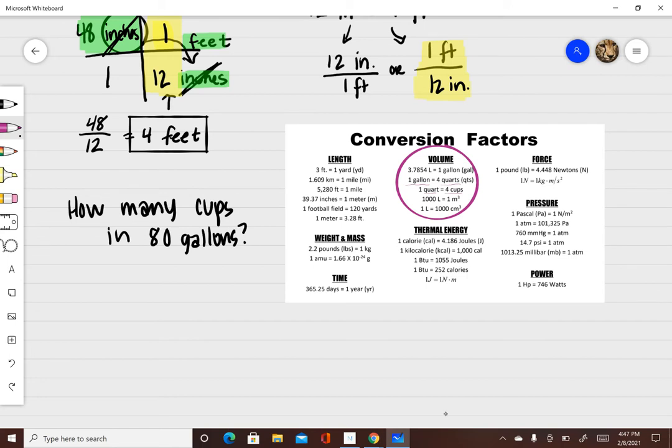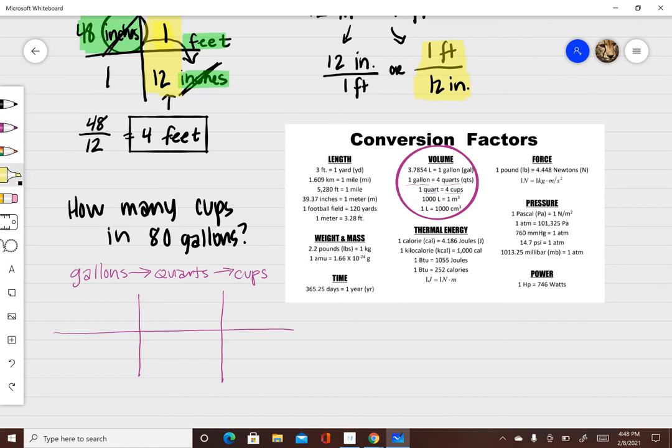I'm going to start with my gallons, I'm going to go to quarts, and then I'm going to go to cups. And I'll be able to get my final answer. Okay? So for this one, I'm going to have 2 steps of solving my problem instead of just one that I had earlier on.